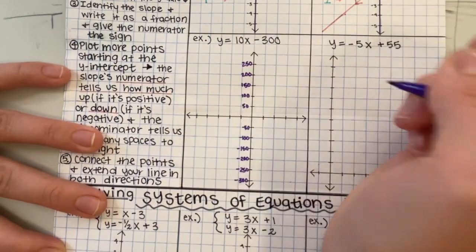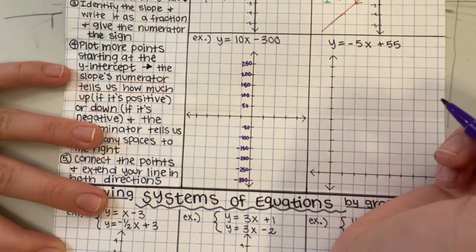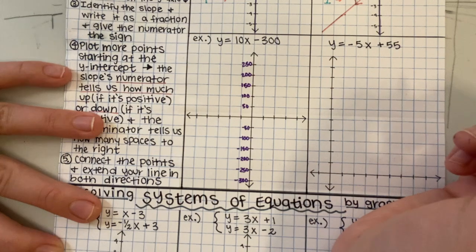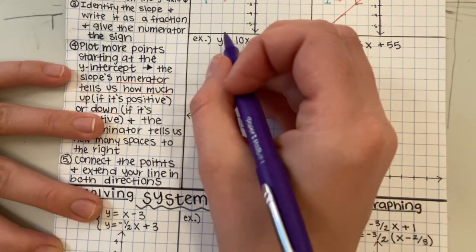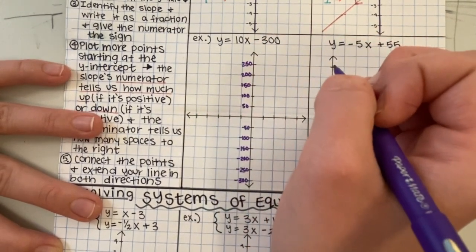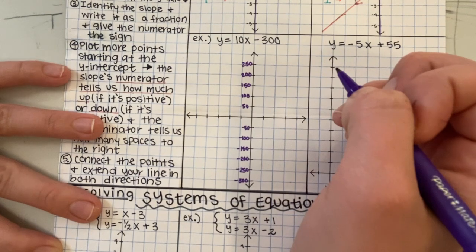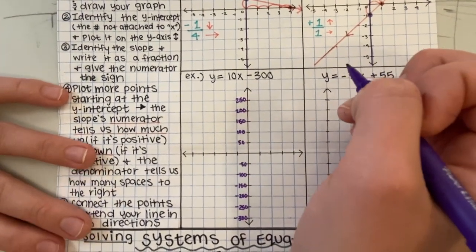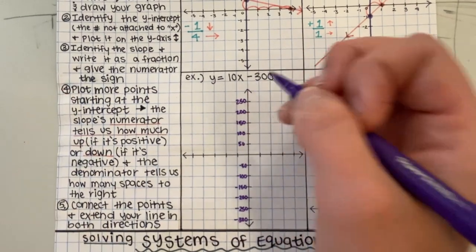If my slope is 10, what I need to think about is what would that look like when I write out my fraction? So sometimes in order to figure out what our scale is, I should skip ahead to steps 2, 3, and 4 just to think about what I'm going to be counting by.